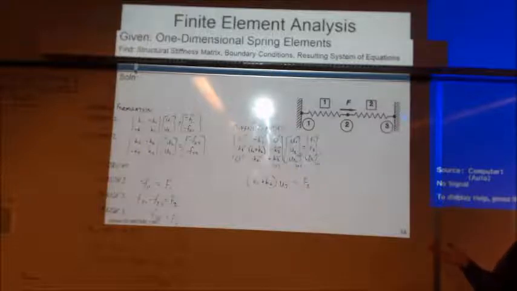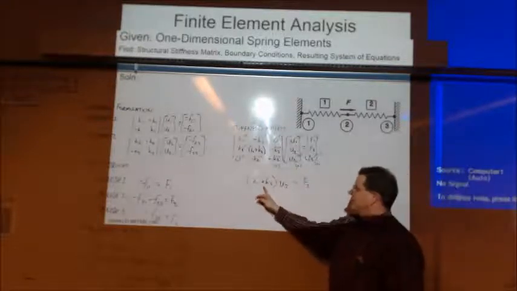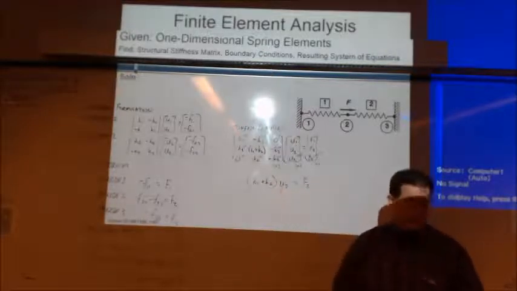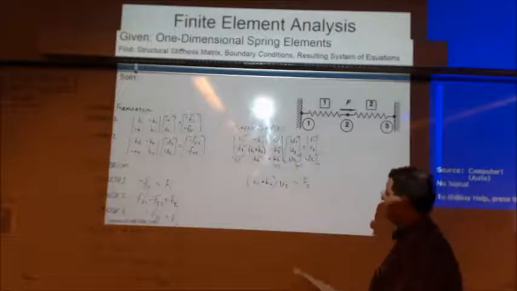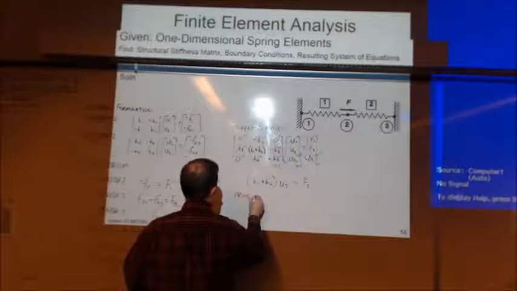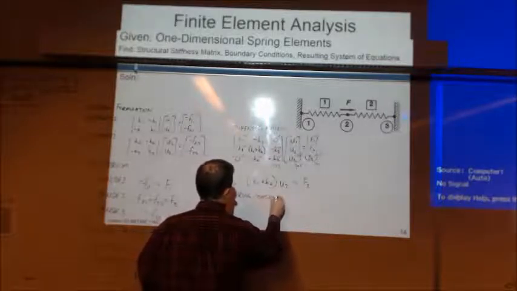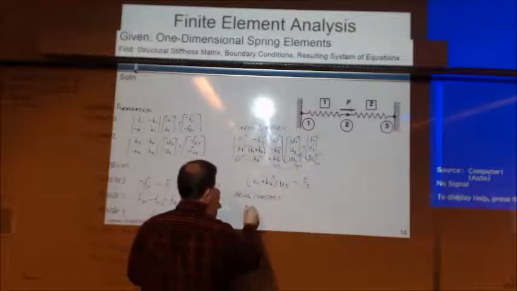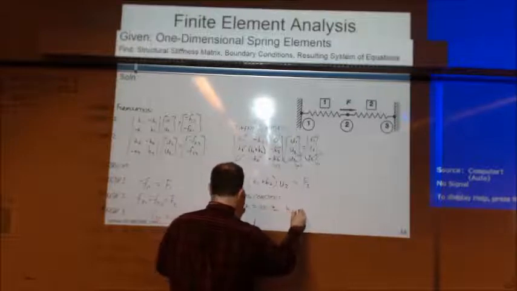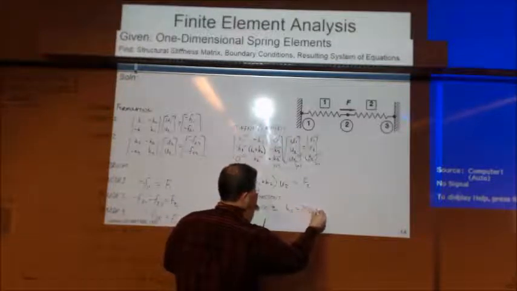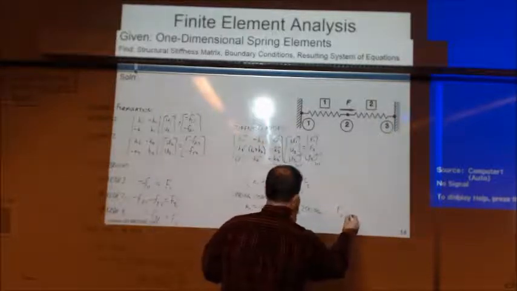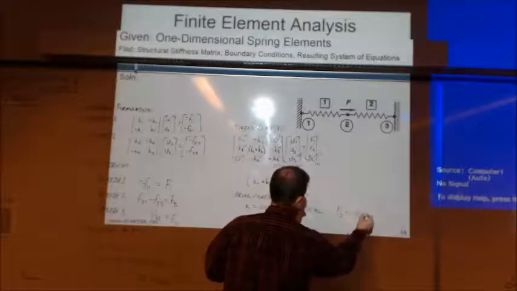So now we can solve that, right? Because we should know what our spring constant is, and we know what load we put on it, and we can solve for U. So let's do that. Let's say K1 equals 100 pound-inches, K2 equals 200 pound-inches, F2 is going to equal 150 pounds.